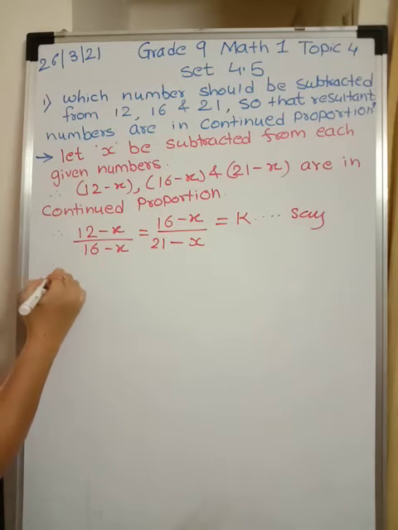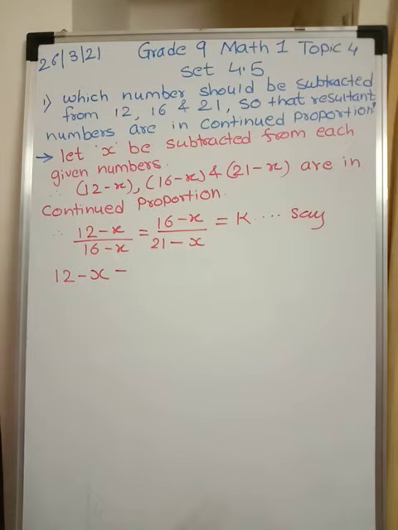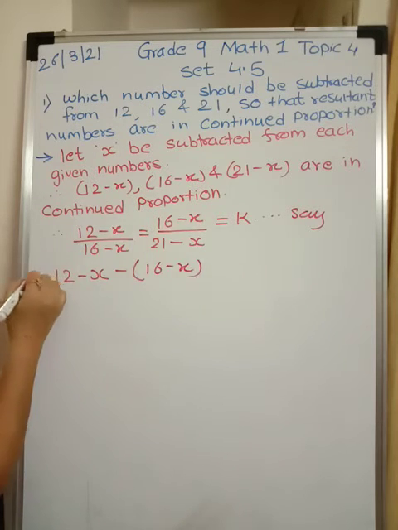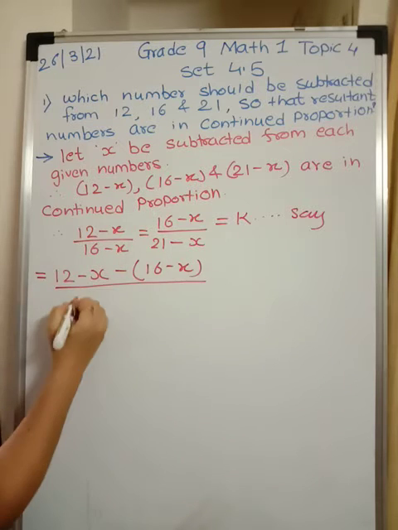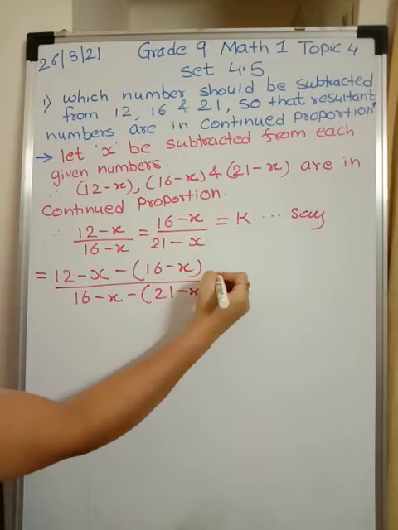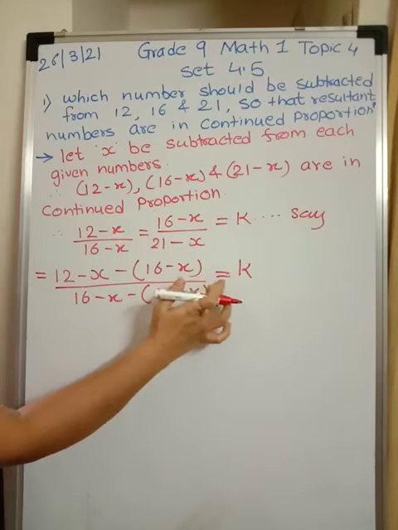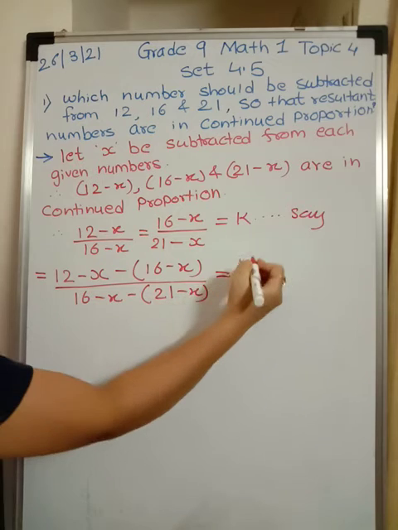So we can write 12 minus x, minus 16 minus x, whole upon 16 minus x minus 21 minus x, which is equal to k. This is by the theorem on equal ratios.